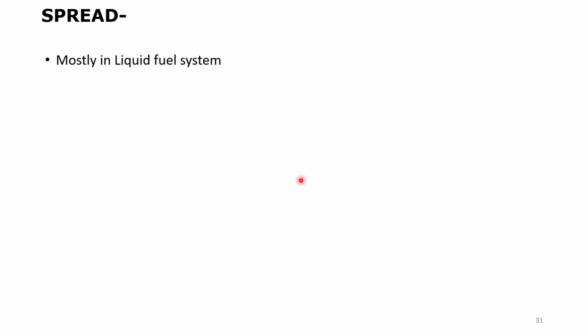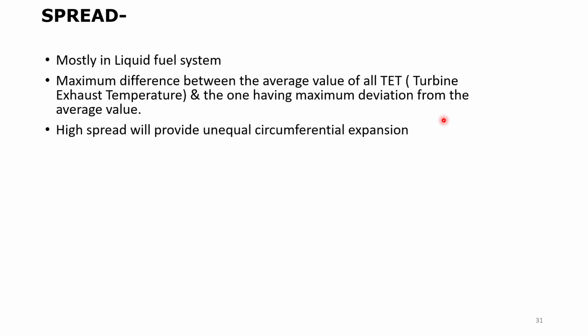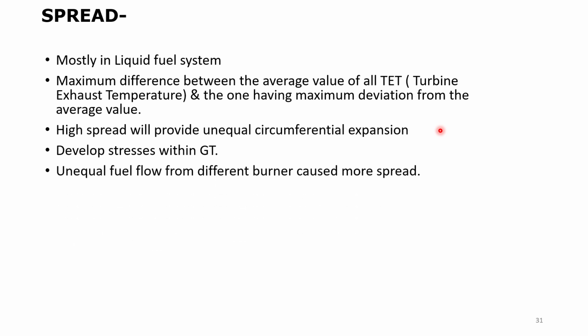Now let us see what a spread is. Spread problems are found mostly in the liquid fuel system, and the spread is actually the maximum difference between the average value of all TET, turbine exhaust temperatures, and the one having maximum deviation from the average value. High spread will produce unequal circumferential expansion of the gas turbine. It may damage the turbine and develop stress within it.